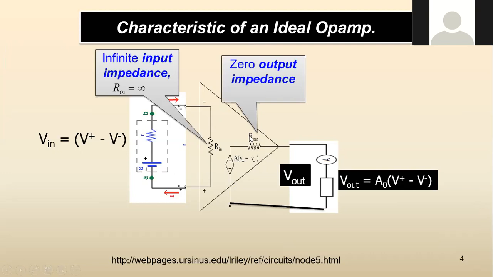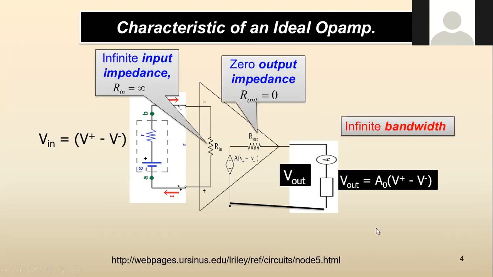If the output impedance is 0, then this becomes the output voltage. This is a source of power supply, if you like, in the op-amp, and this source is related to what we put in. So if this is 0, then all of this becomes the output.